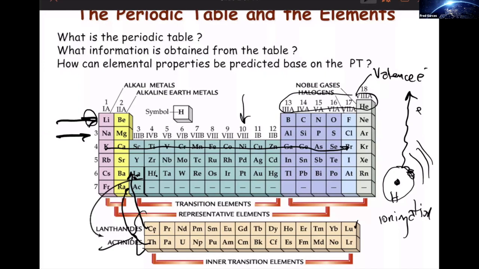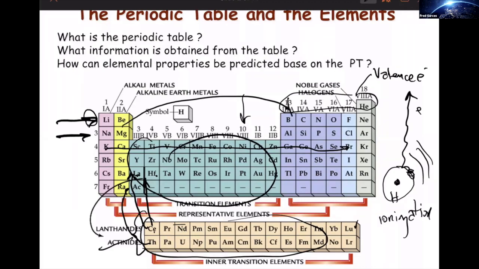If you actually want to stretch the periodic table so that it's much wider, these guys actually fit in between. Just like the transition metals fit between these two columns, the lanthanide elements and the actinide elements fit right in here. Anyway, let me go ahead and clear this.